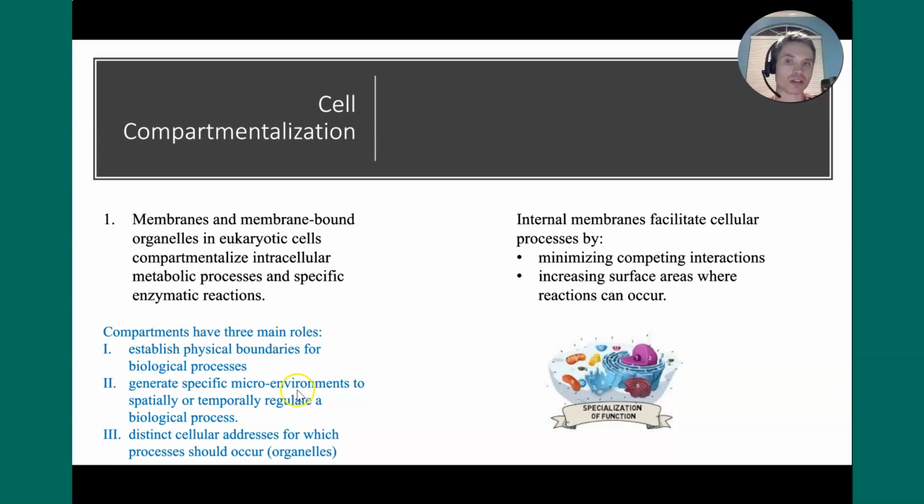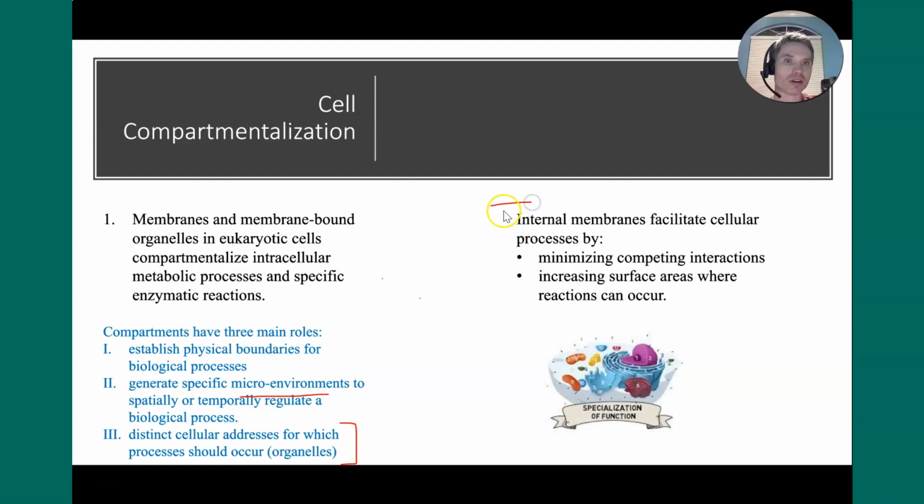These roles include establishing physical barriers, generating specific microenvironments, such as the lysosome, and lastly, they provide a distinct cellular address for which cells are able to process different biological reactions, such that organelles have very specific roles. Just as the mitochondria is important for producing energy, whereas the Golgi is important for causing proteins to fold.